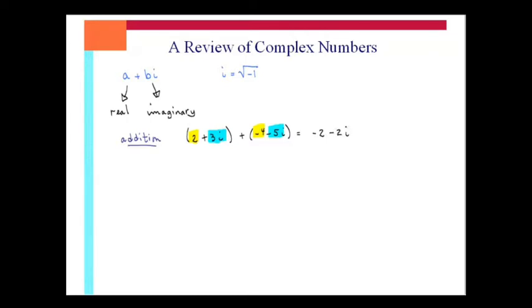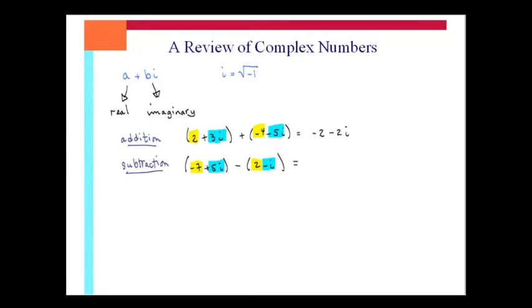We can similarly do subtraction of complex numbers. In the example here, we have the complex number -7 plus 5i, and then -2 minus i. Again, we focus individually on the real parts, and then separately the imaginary parts. Be sure to include the sign of the imaginary part.